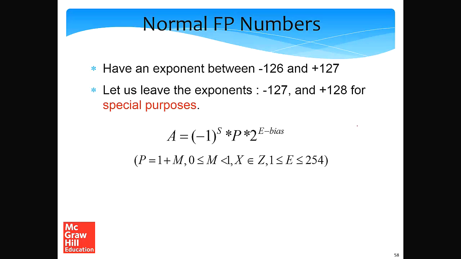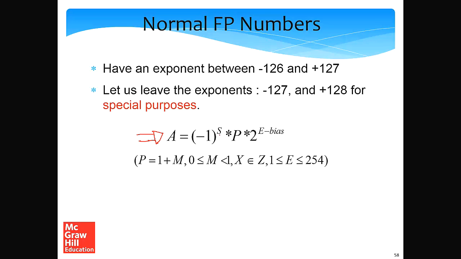So now the standard form or the normal form of a floating point number in IEEE 754 format is exactly what we had seen before, with a little bit of modification.